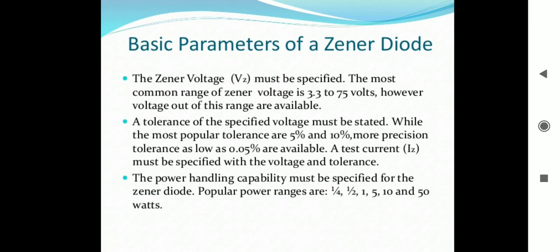While traveling, these accelerated minority carriers will collide with the stationary atoms, and impart some of their kinetic energy to the valence electrons present in the covalent bonds.